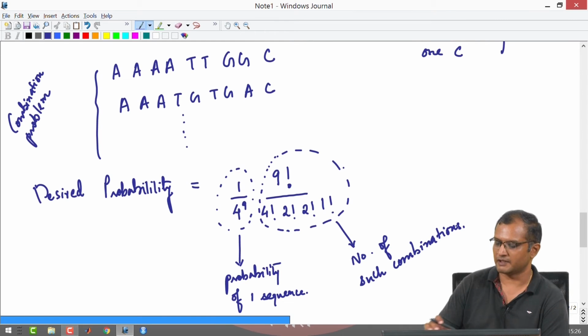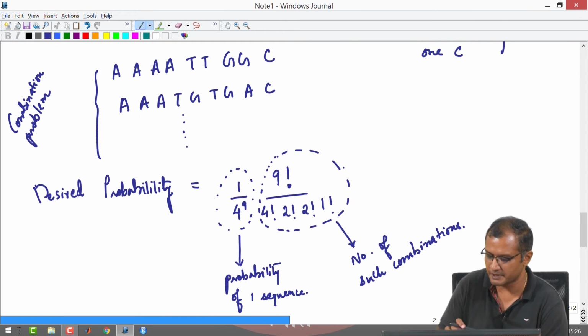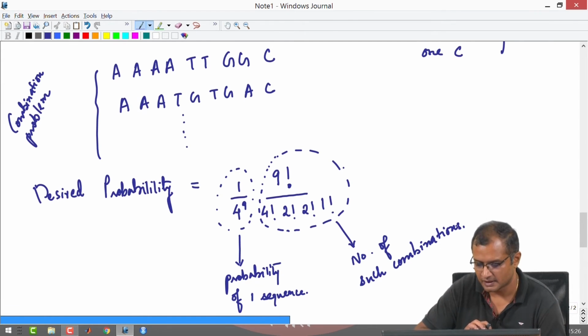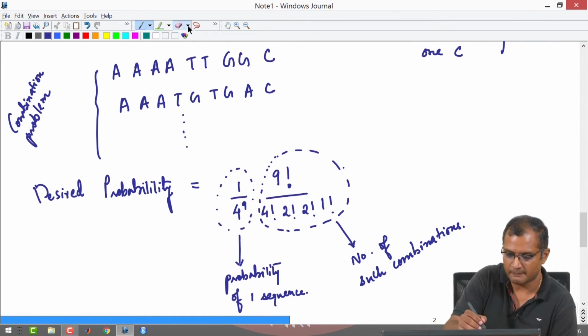So, you have the number of combinations multiplied by the probability of each sequence in this combination. That gives us the desired probability. Okay, that's your answer.